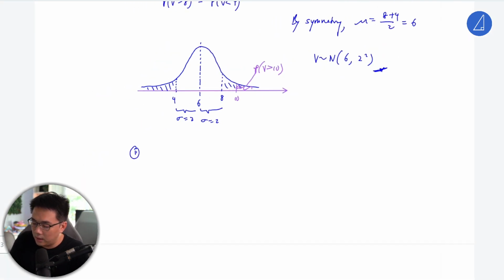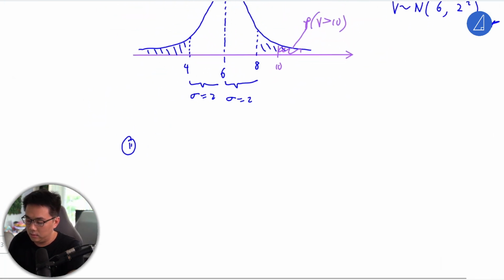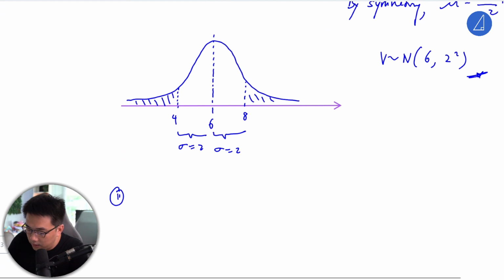There are two methods. You need to space out equally. So this is 2 units, then another 2 units is right here. This is 10. So this is 2 standard deviations away from the mean.